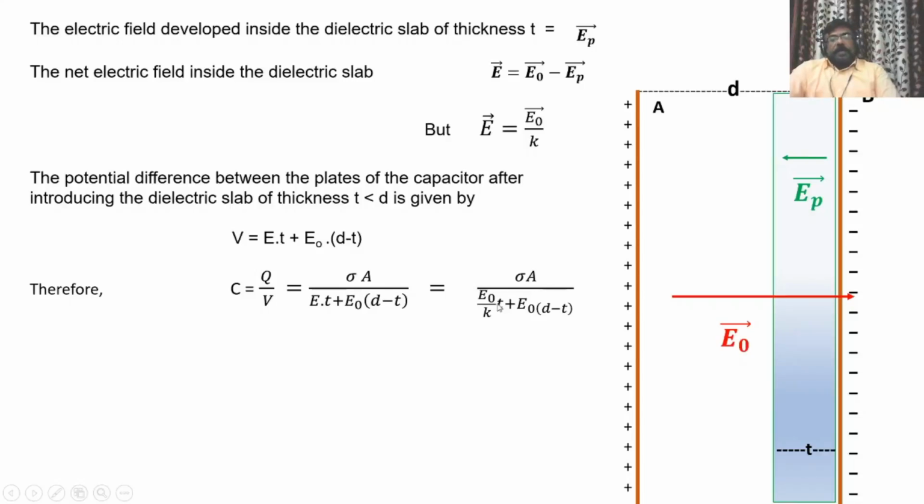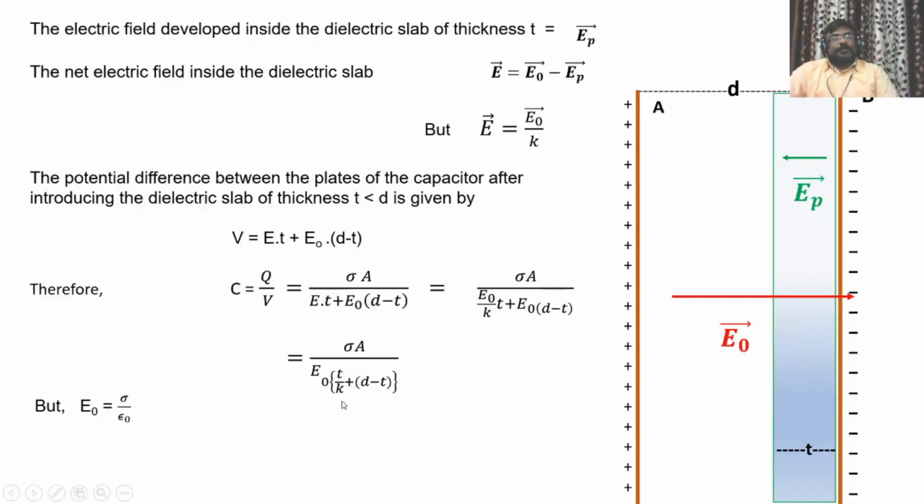Then this E can be written as E0 by K. Therefore, the C will become sigma A divided by E0 by K into T plus E0 into D minus T. It can be further simplified as sigma into A divided by E0 into T by K plus D minus T.